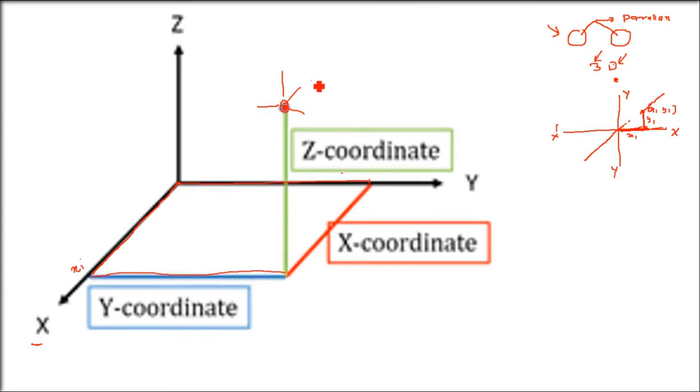Then you go up in the z direction. So you have taken 3 steps: 1, 2, 3. In earlier 2D, you took 2 steps. Here you took the x direction, the y direction, and then also went up in the third direction. This is how x1, y1, z1 can be located.